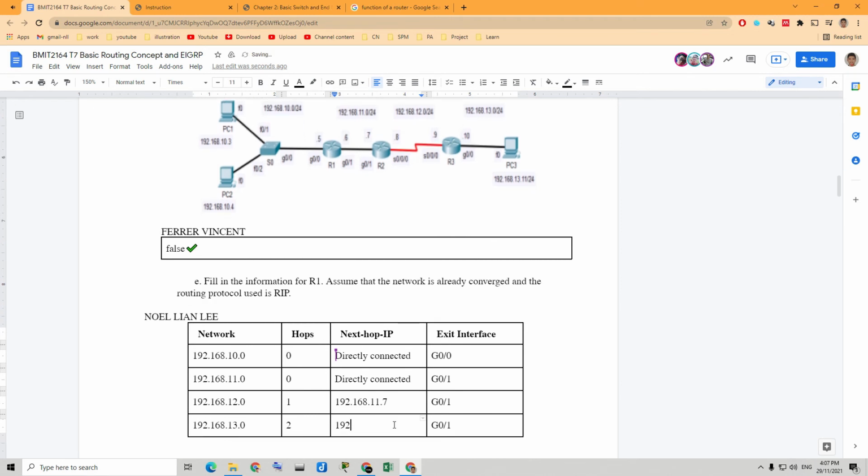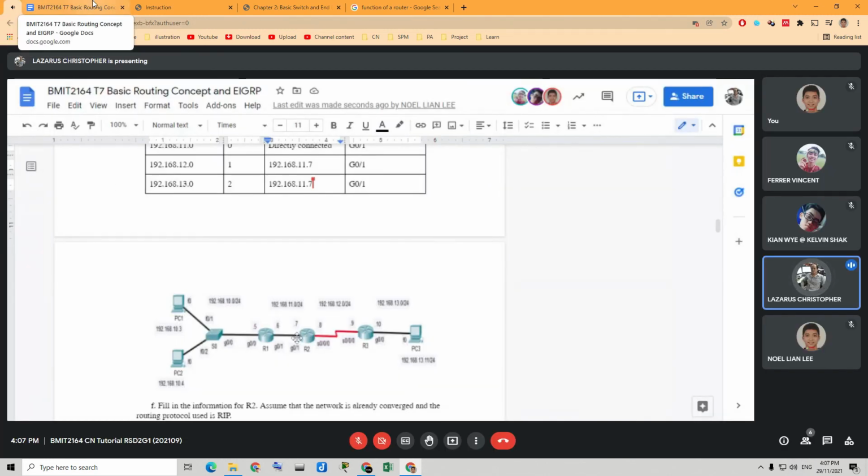So the next hop IP for 13 is also 11.7 through R2, because that interface on R2 allows you to go to R3, which goes to 192.168.13.